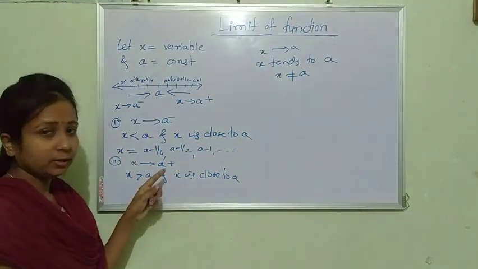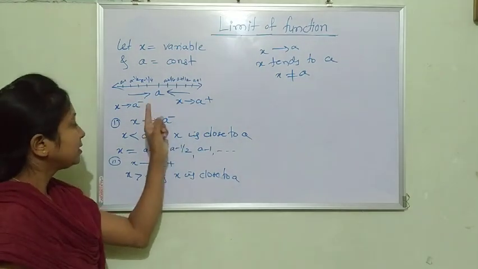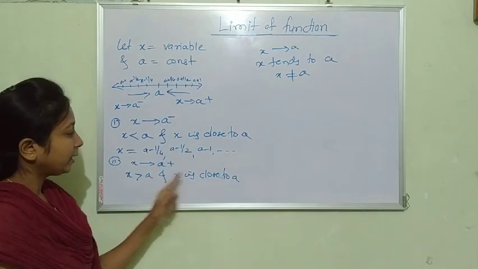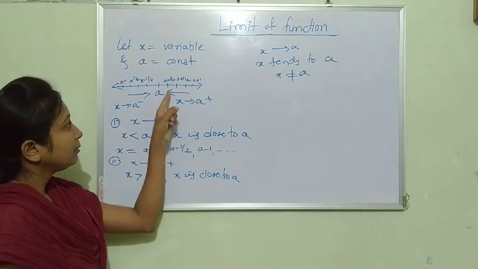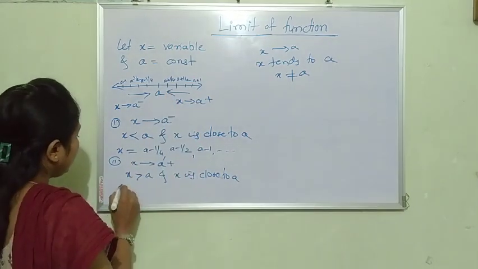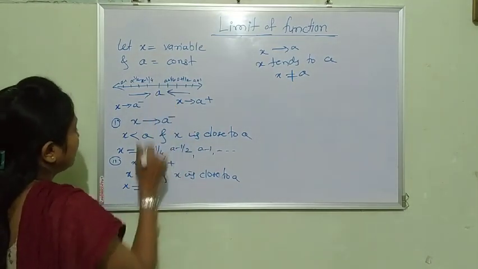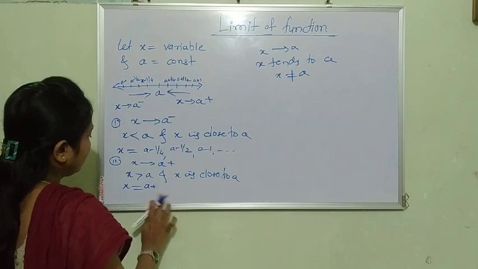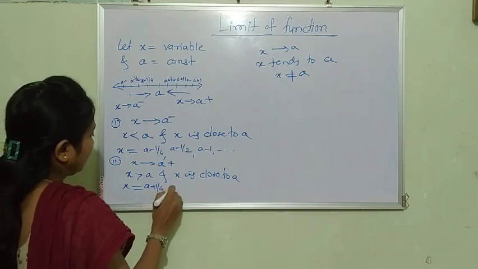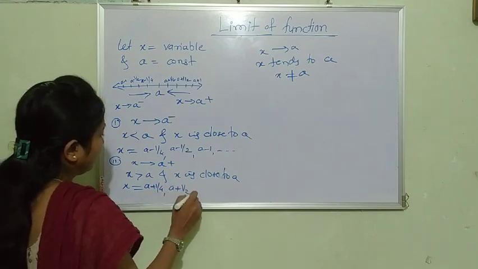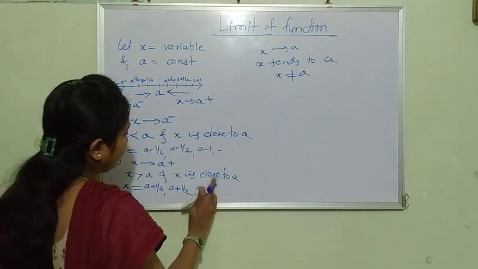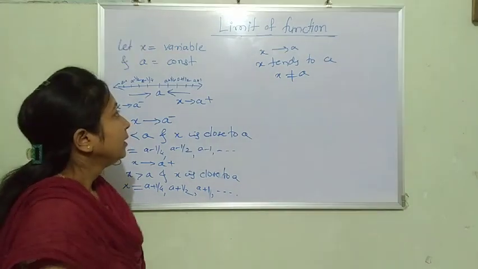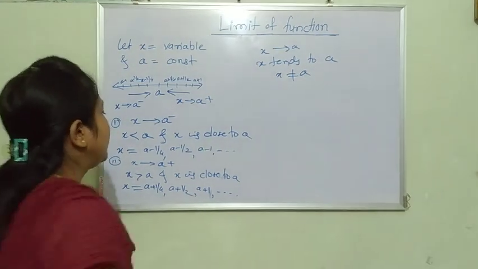Now x tends to a plus means x is greater than a and close to a. These values are a plus 1 by 4, a plus 1 half, a plus 1 and so on. Okay, getting the meaning of x tends to a.